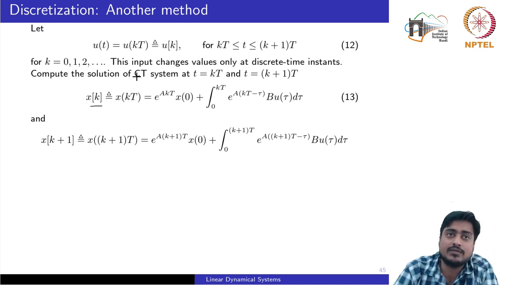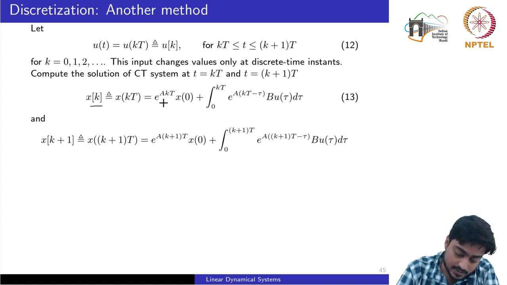We can remove the sampling time once it is fixed for all the computations. So here I replace all t by kT, right? e to the power At x naught, with the integral from 0 to t replaced by kT, and similarly this part. So this is the solution of the continuous time state equation at t equal to kT and at t equal to (k plus 1)T.